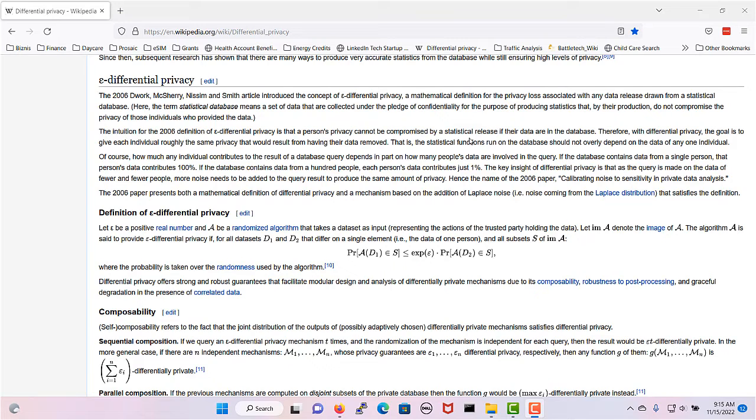So what this definition is saying is that you want to fudge up the data enough so that if you think about any one person that might be in the data set, the data is fudged up enough that you can't tell anything about if that person is in the data set at all, and certainly not point to any given row in the data set that you want to claim is that person's data.